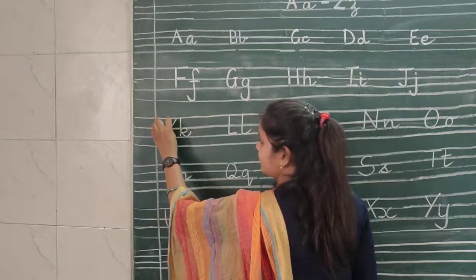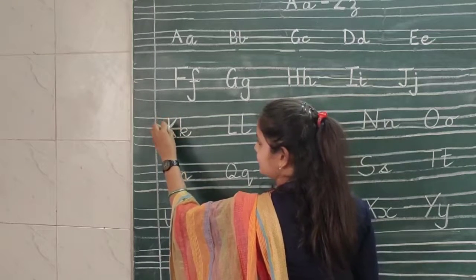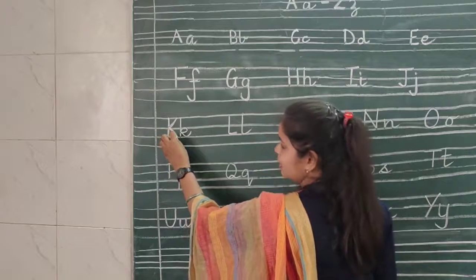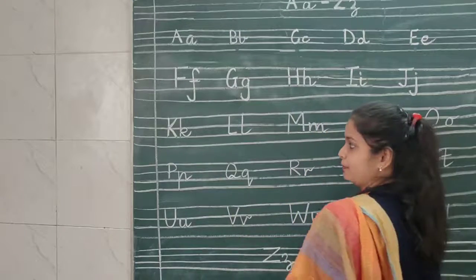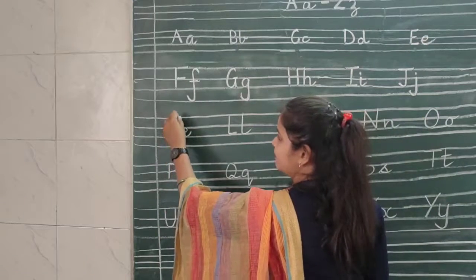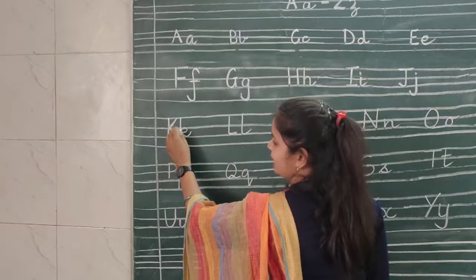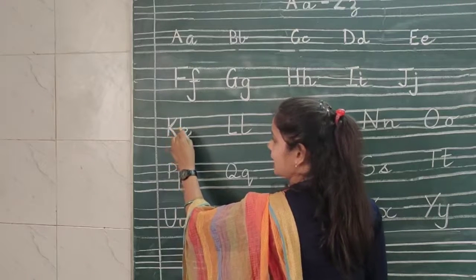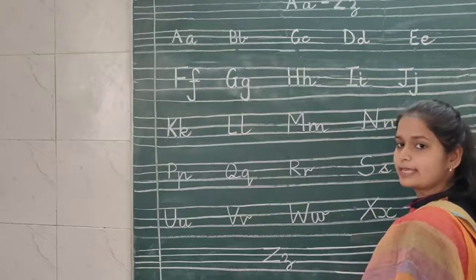So K, a straight line, then one slant line like this and again a slant line downwards. Okay, so this will be your capital K. Now, coming to small k, starting from the first line, moving back, a small curve, again down and a kick like this. This is small k.